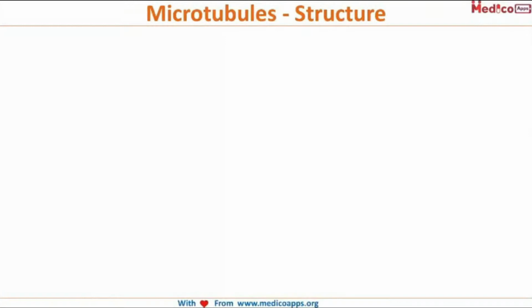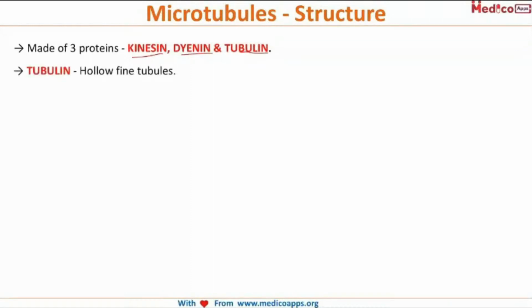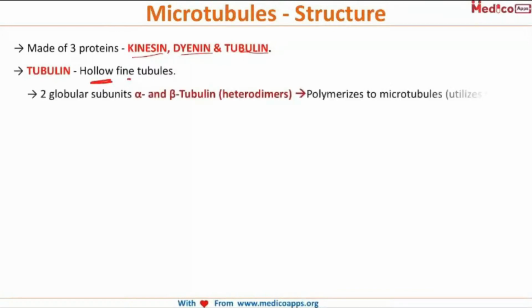Now let's look in detail at the microtubules. We have seen that there are three main types of proteins constituting the microtubules: kinesin, dynein, and tubulin. Tubulin, as the name suggests, forms fine hollow tubules, and it has two globular structures, alpha and beta tubulin, which are heterodimers.